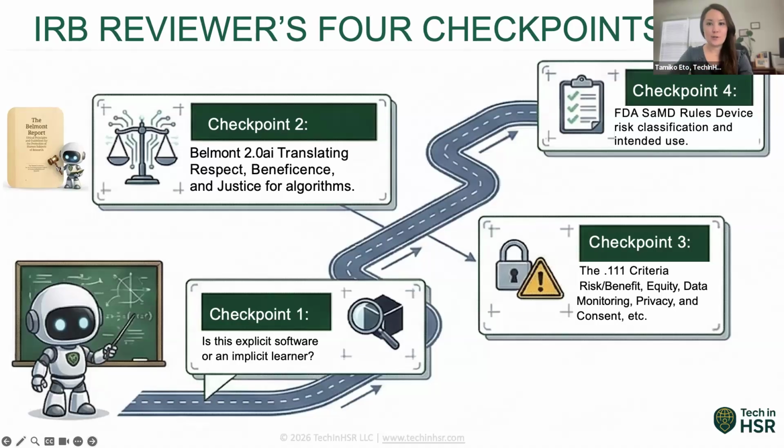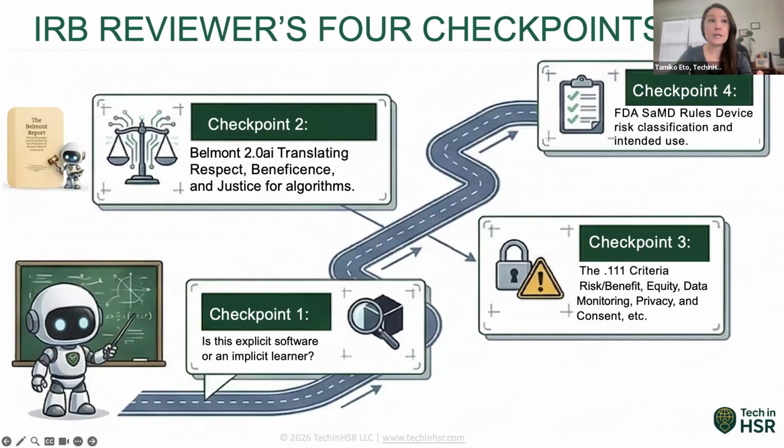And then checkpoint two, think Belmont 2.0. So how do the foundational ethic principles that the IRB all know and love, respect for persons, beneficence, and justice, how do they actually apply in an algorithmic context? So these principles still hold, but sometimes we just need a little help translating how AI research fits within those ethical principles.